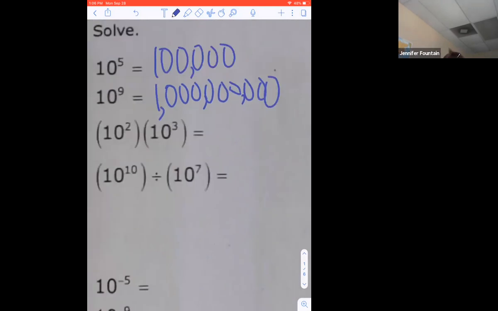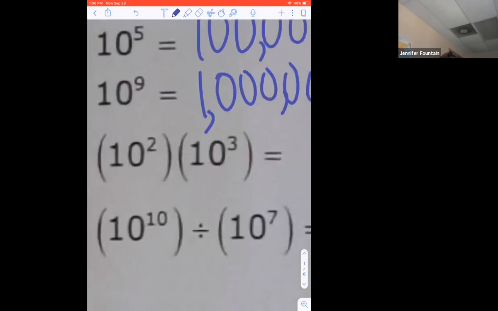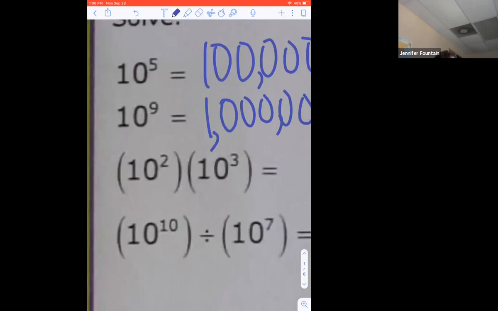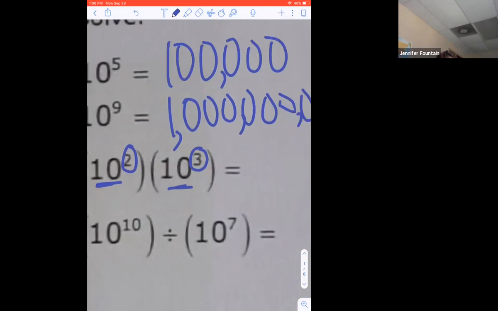Now, they're kind of bringing back a skill that we've previously worked on. If I multiply 10 to the 2nd power times 10 to the 3rd power, remember, if I multiply like bases, what do I do with those exponents? Now remember what we did? Add the exponents, good. So that means I would have 10 to the 5th because I would add 2 plus 3, okay?